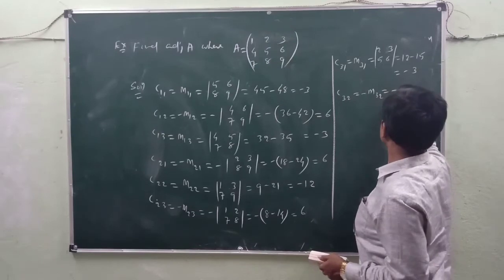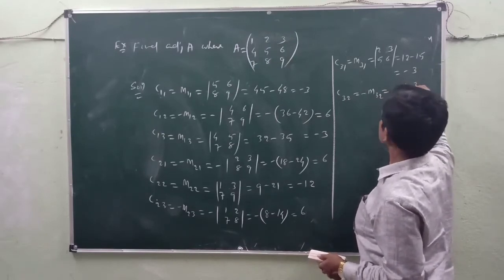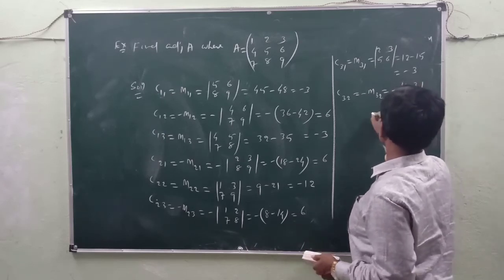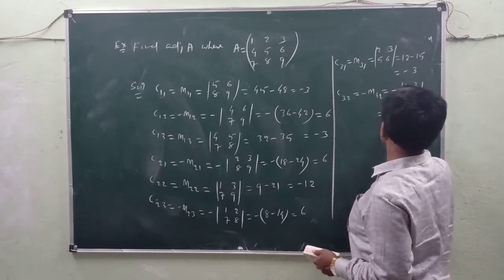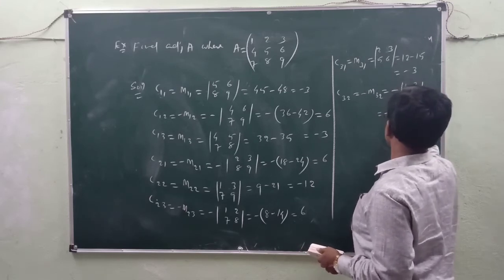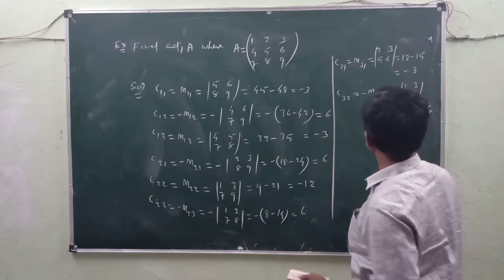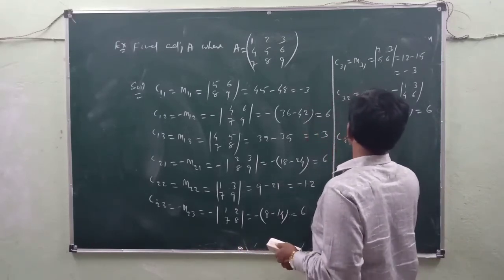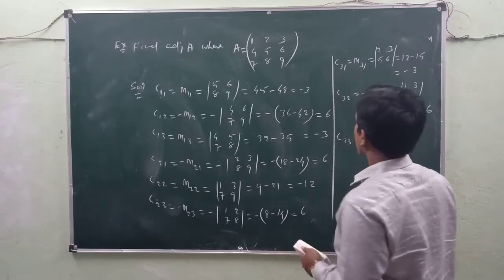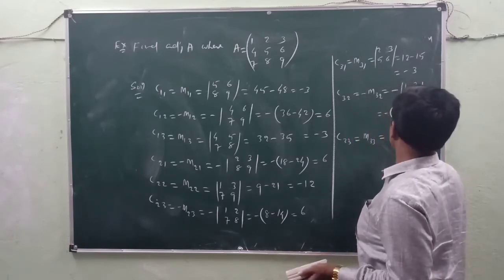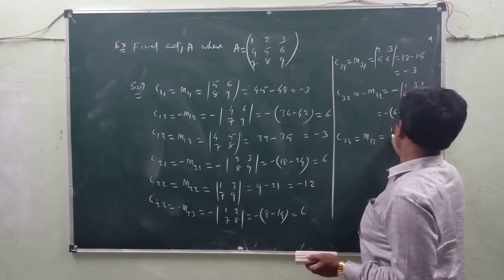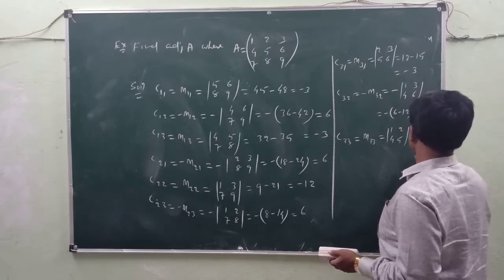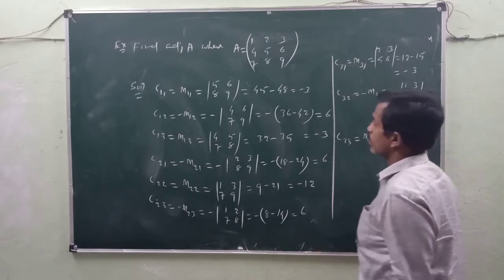The minor of 8 is the determinant of 1, 3, 4, 6, that is minus of 6 minus 12, so it will be 6. Then C33 is equal to M33. Here M33 is the determinant of 1, 2, 4, 5, that will be 5 minus 8, which is minus 3.